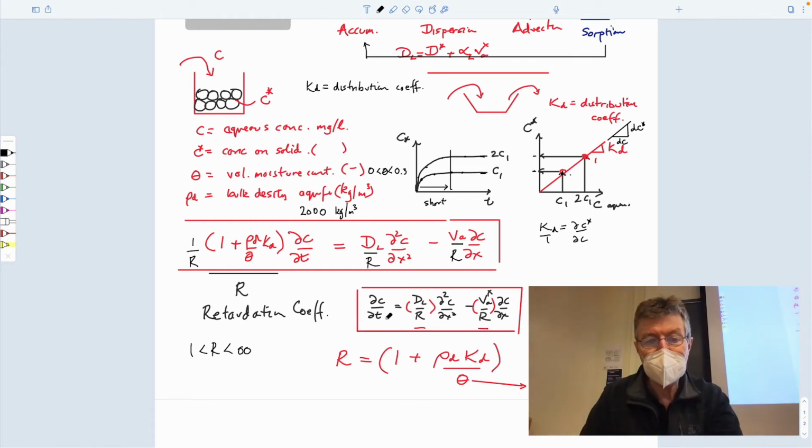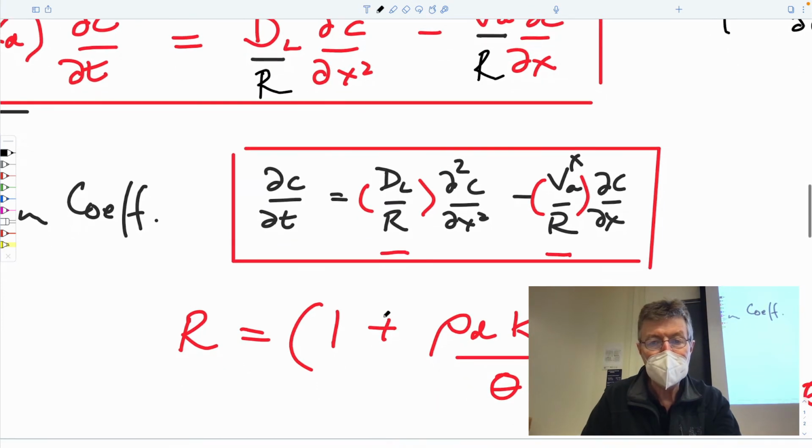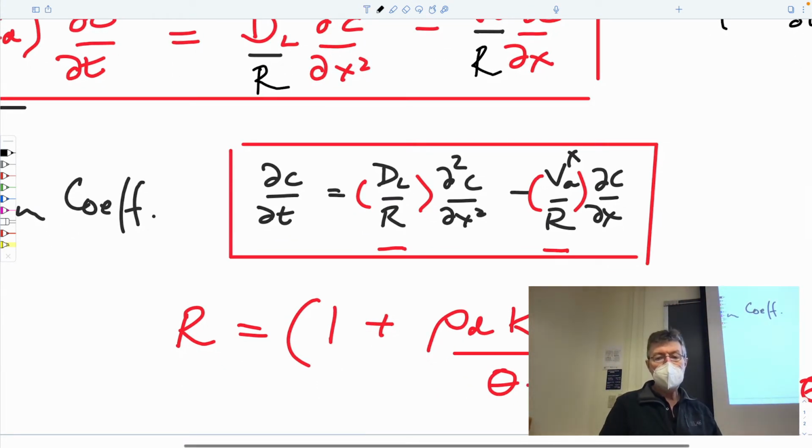So the punchline of everything that I'm saying to you is that if we can define a parameter Kd which defines the sorption, then we can rewrite our advection dispersion equation quite logically, I think, to include that effective sorption, and it comes out to look very similar to what it was before.